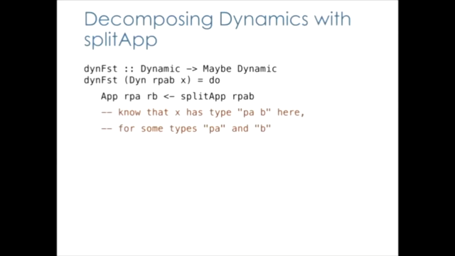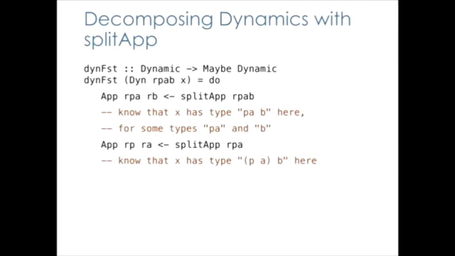And so if that succeeds, we get to a state where we know that, we don't know what X's type is, but we know its type is some application. And then we can do it again on that RPA, and find out that that PA type also was an application of some P applied to some A. So we're finding out more information about X's type.